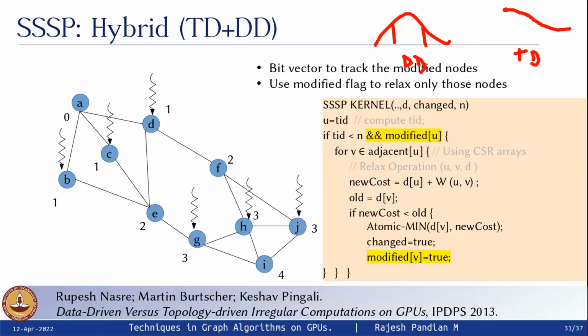This is what I could think of, because everything happens in parallel. Even a small difference in the order of execution of the threads will change the number of iterations. I don't know if it is right, but Rupesh can correct me if I'm wrong.